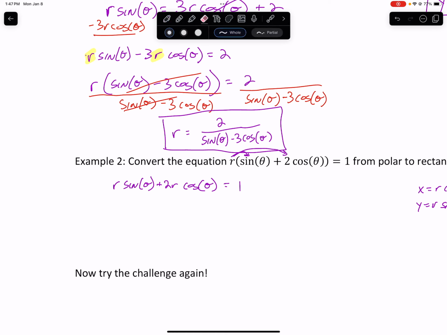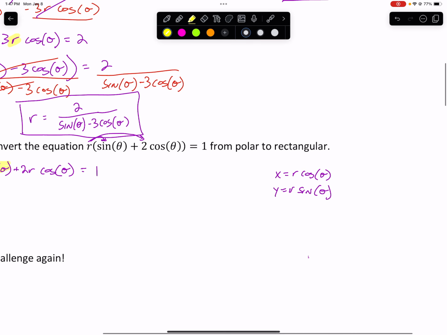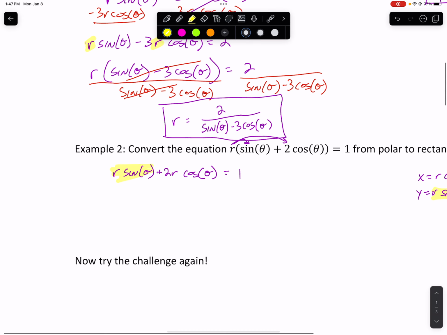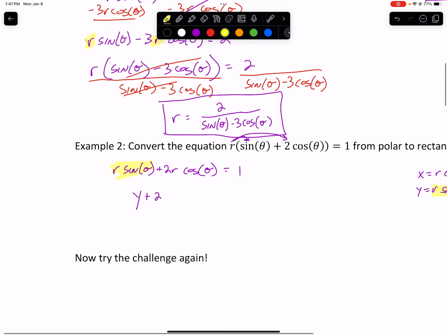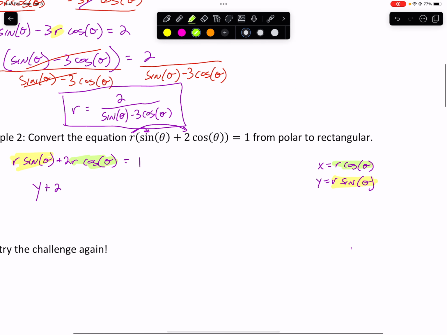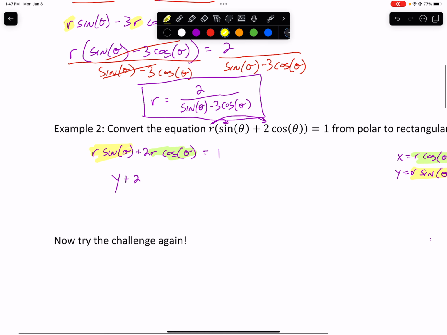Now I know that r sine theta is equal to y, so I can put a y in there. Plus 2 times r cosine theta. So r cosine theta, right here, is equal to x, so I can put x in its place.